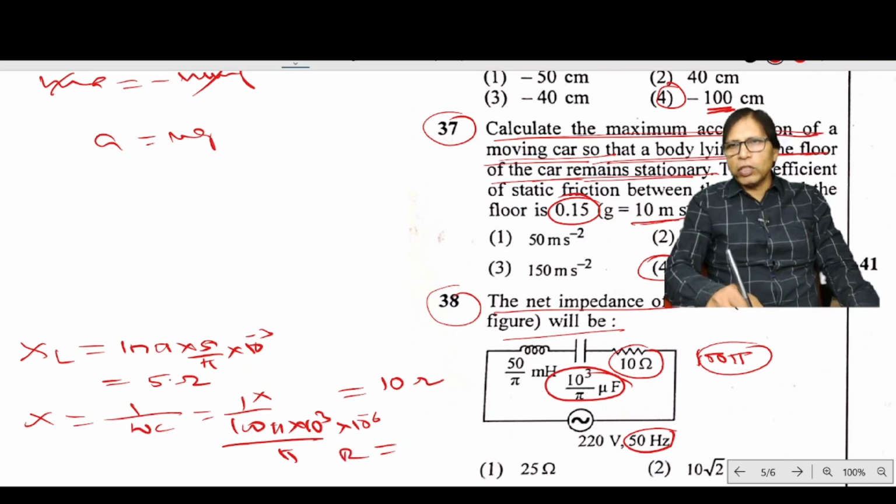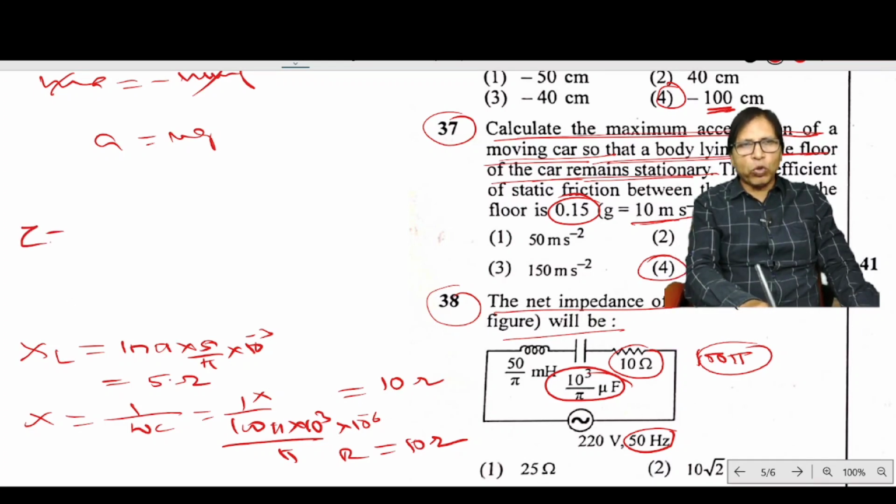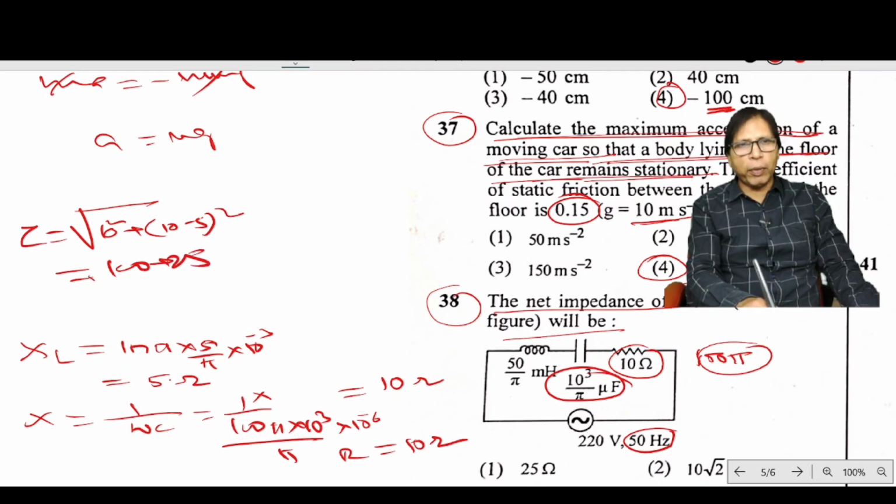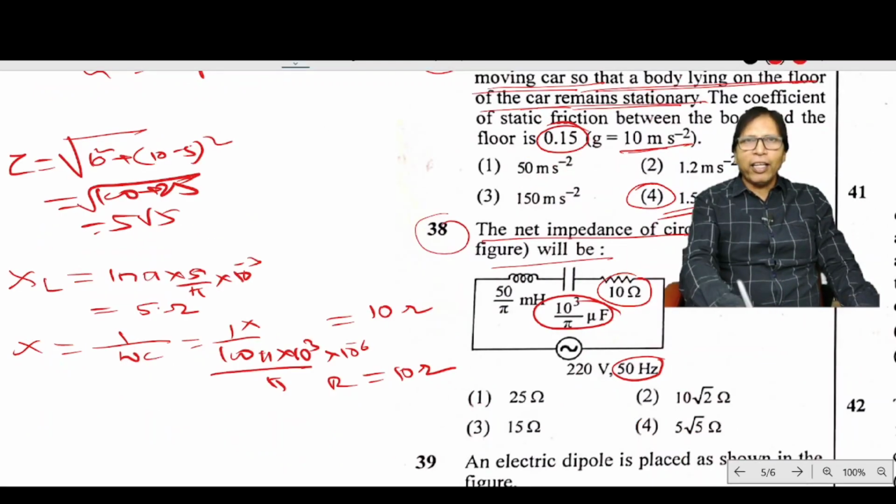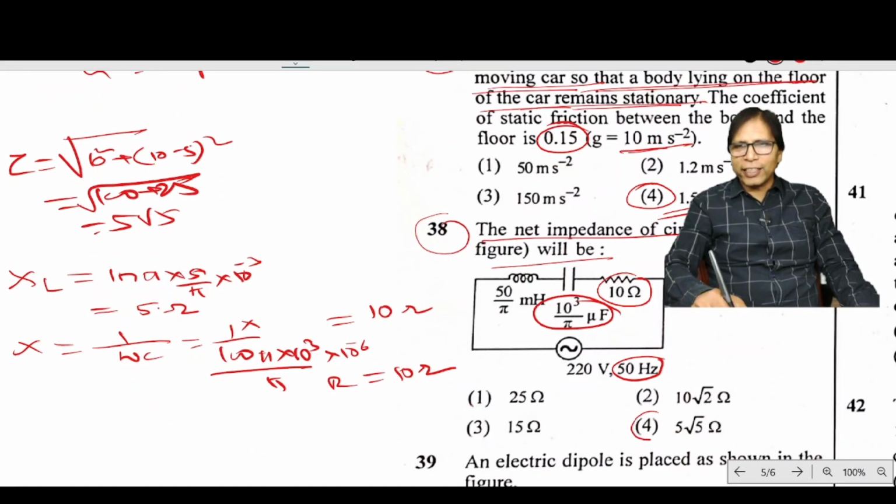Now R equals 10 ohm also. Therefore, the impedance Z equals root under of 10 square plus 10 minus 5 whole square. So this is 100 plus 25, so this is 5 root 5. Okay. Now look at this, option 4 is correct.